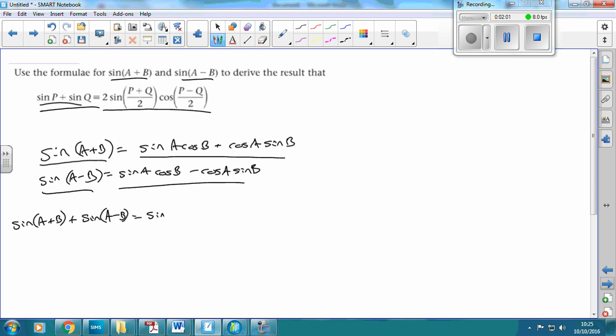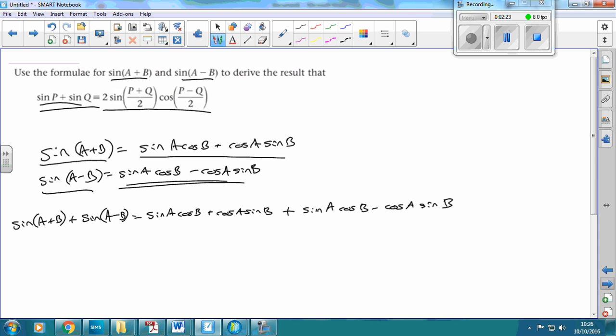It's going to be sine a cos b plus cos a sine b, plus this one, sine a cos b minus cos a sine b.